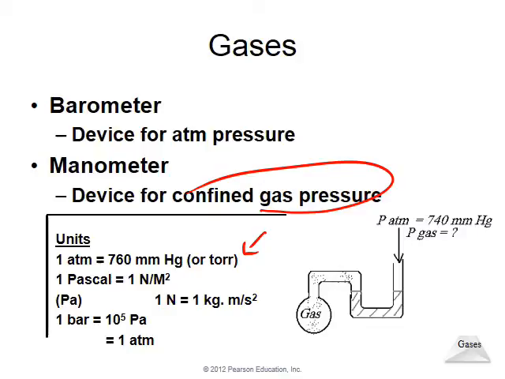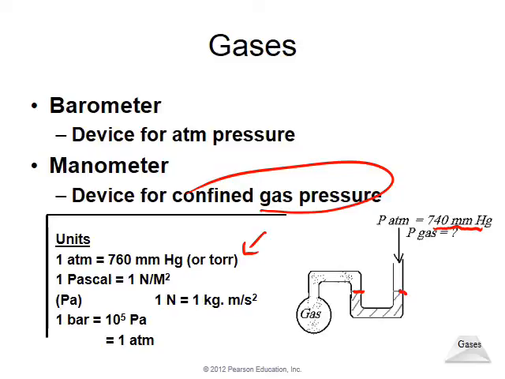On the right hand side, you're looking at a manometer, and let's see whether we can answer this question. Atmospheric pressure, or outside pressure, is given as 740 millimeter of mercury. Now, a confined gas is connected to it, and you find that the two sides of this tube have the same height of mercury.